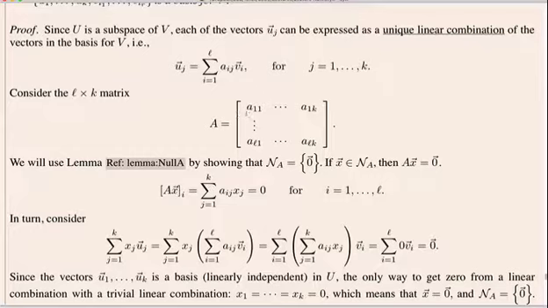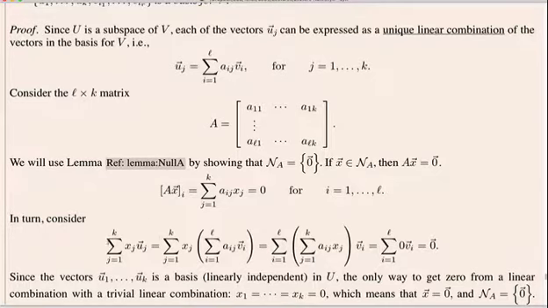The ith row multiplied with the x column vector gives us the ith entry in the Ax multiplication. So this means the sum as j goes from 1 to k of Aij xj is supposed to be equal to 0, because x is in the null space, for each i going from 1 to l.